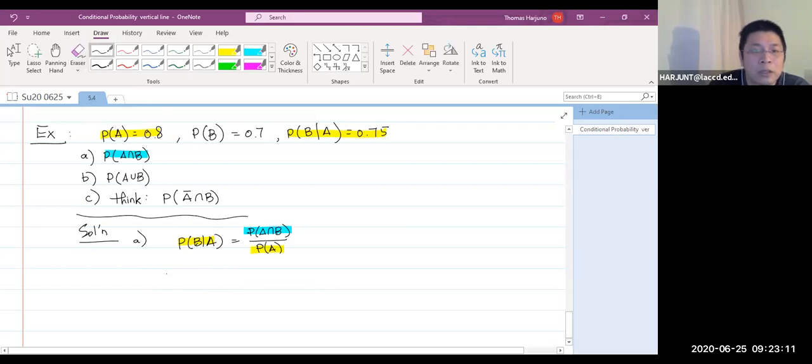So probability of A times probability of B given A is probability of the intersection. That's 0.8 times 0.75 equals the probability of the intersection. That's 0.6, I believe.